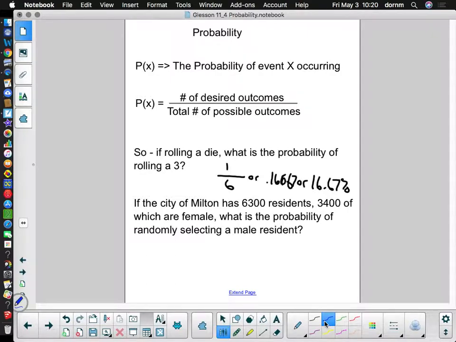So we have to do a little bit of thought here. It's not just using the numbers we got. We have to do a little strategizing. Number of male residents over the total residents.